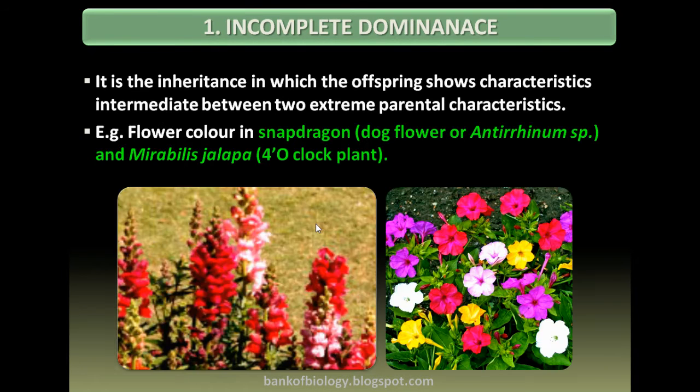Incomplete dominance. It is inheritance in which the offspring shows characteristics intermediate between two extreme parental characteristics. Generally, in Mendelian ratio, when a tall plant was crossed with a dwarf plant, the F1 generation gave all tall plants, meaning the heterozygous showed complete dominance of the dominant parent.